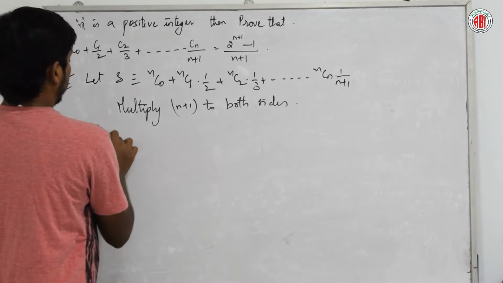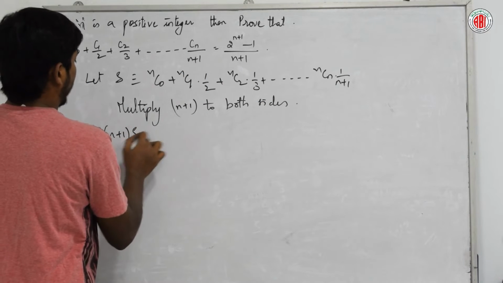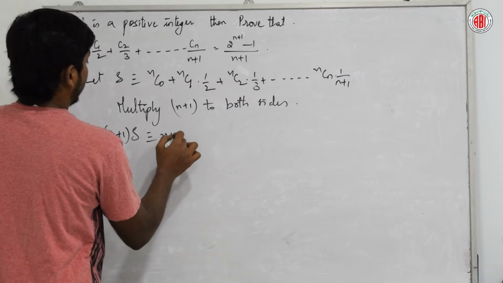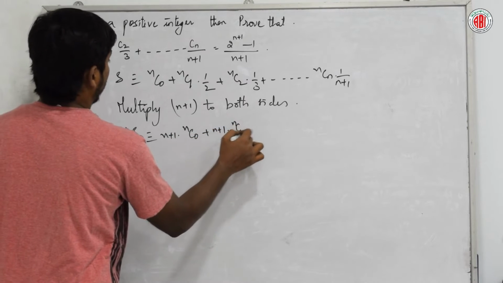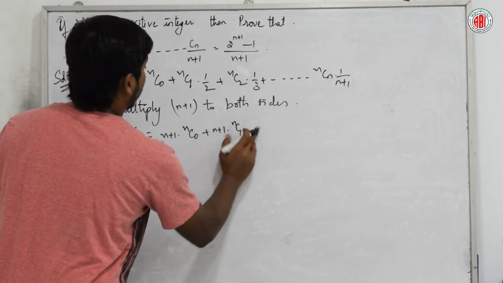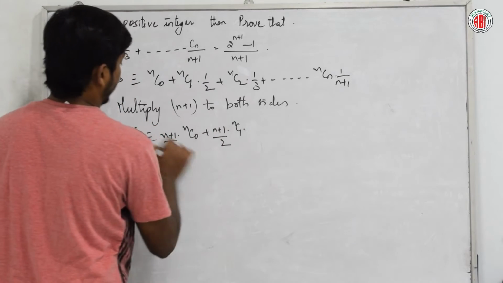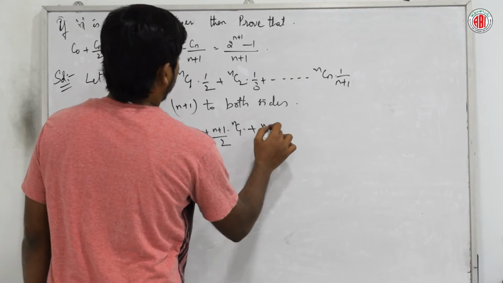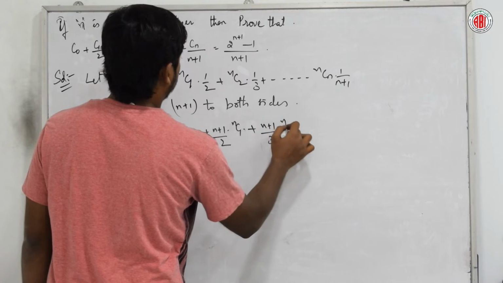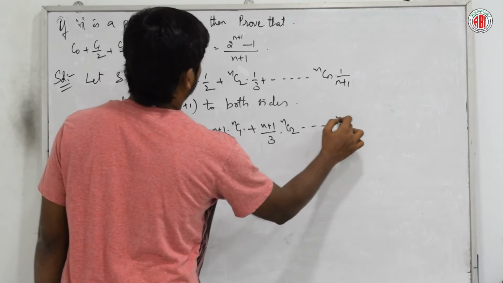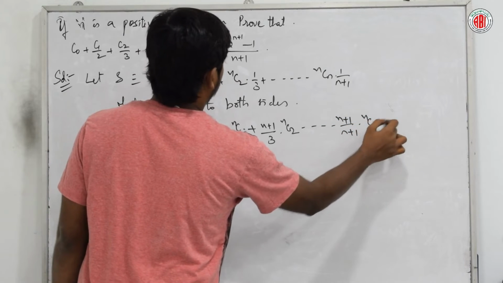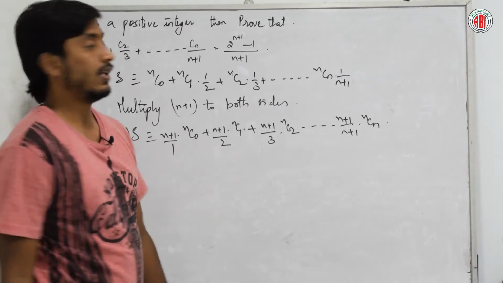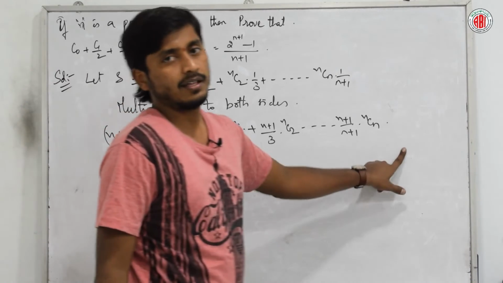So what do we get? (n plus 1) into s is equal to (n plus 1) into nC0, (n plus 1) by 2 into nC1, plus (n plus 1) by 3 nC2 and so on plus (n plus 1) by (n plus 1) into nCn. Right? What is this? We have everything.